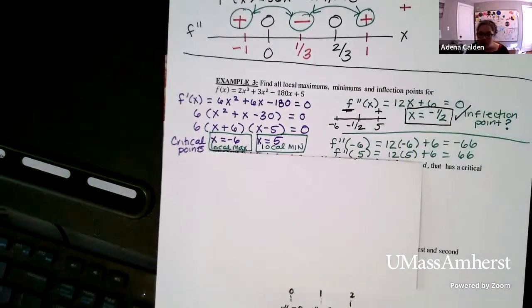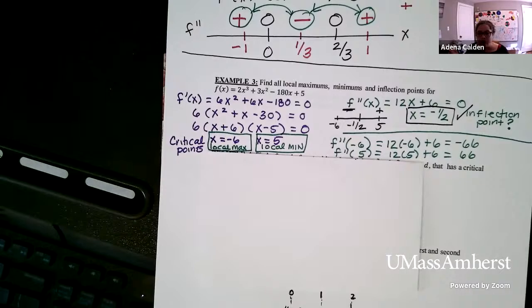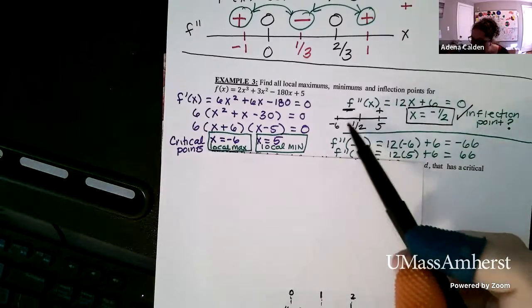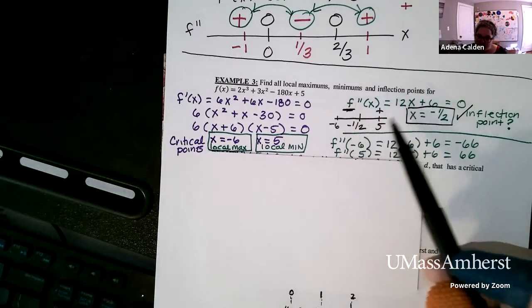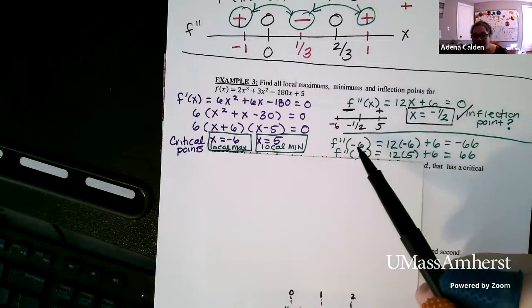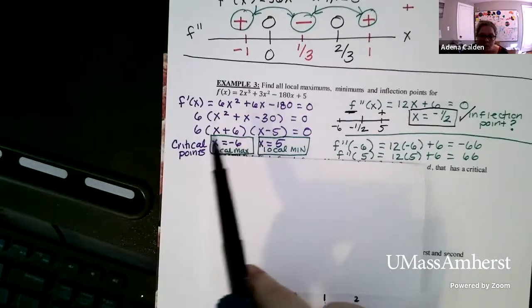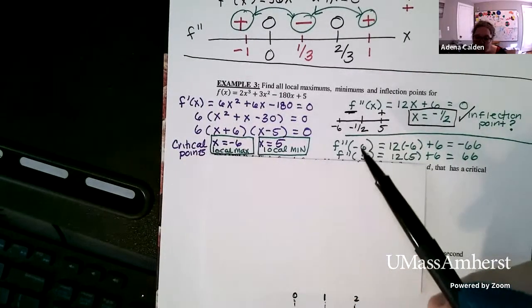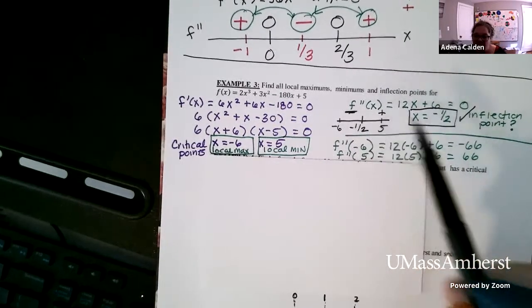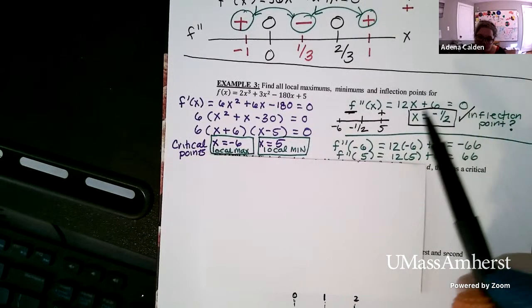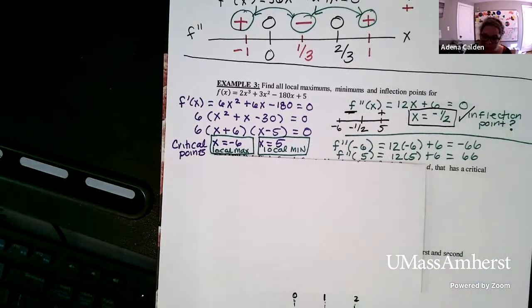Okay, if you didn't notice that, you could certainly pick 2 points to test. You could do like -1 and 0, and you will get the same result. But if you use the second derivative test to classify your critical points, that also will give you information you can use to check if your possible inflection point is an inflection point.